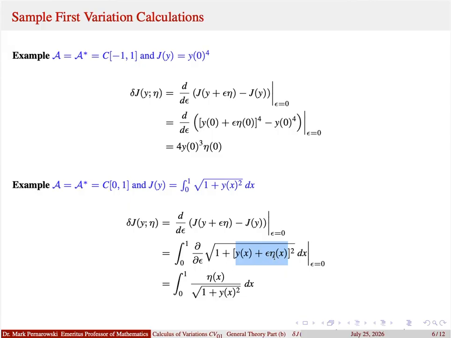So I do that derivative in epsilon, then evaluate at epsilon 0, and I get the following expression. If I define my functional to be this function here, then the first variation at any eta is given by this function above. That's just going through the mechanics of computing these first variations.